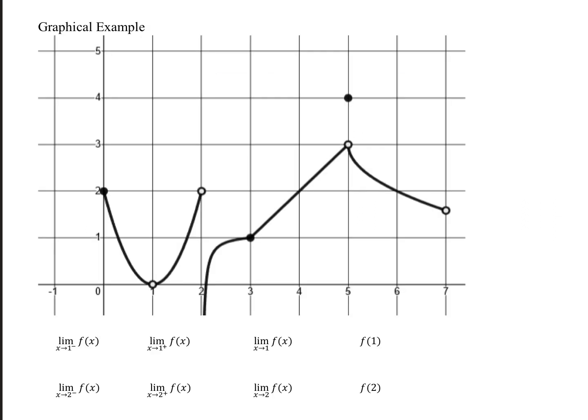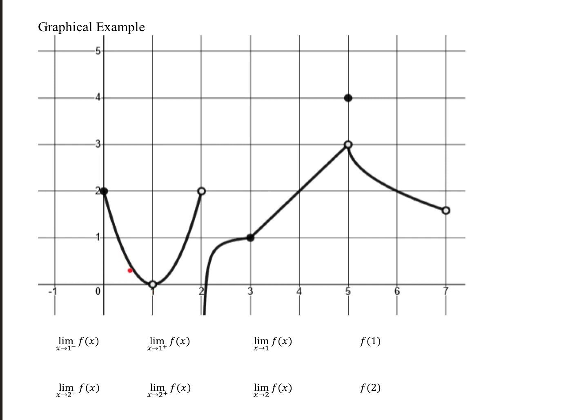All right, let's look at some more graphical examples of limits. So we have a graph here, and I want to ask about almost every x value. Let's start with the x value of 1. What is the limit of the function as x approaches 1 from the left? We see that the x value of 1 is here.